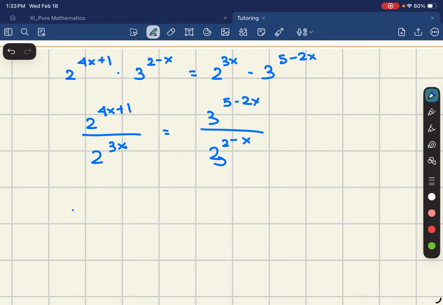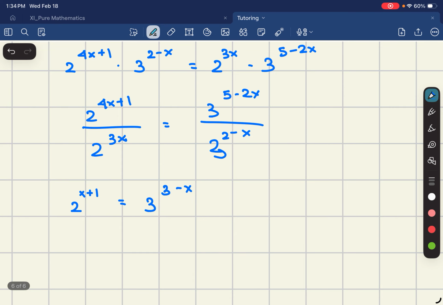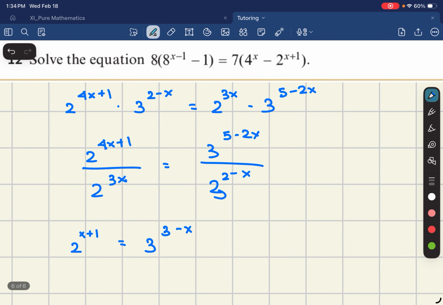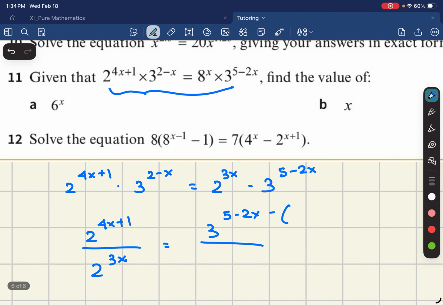And this is something that we have learned to simplify. 4x plus 1 minus 3x, that is going to be x plus 1. And here we have 5 minus 2x minus 2 minus x. So that is going to be 3 plus 3 minus x, I think. I leave the simplification for you to check on why that is the case, because we're going to have this minus whatever we had in the denominator.